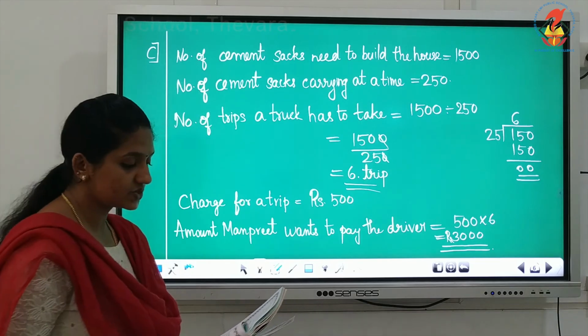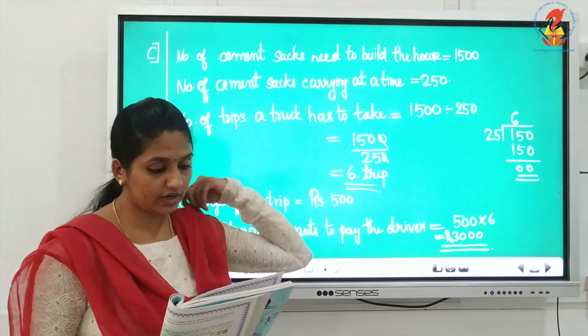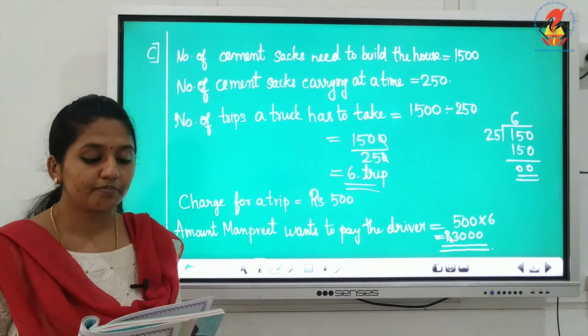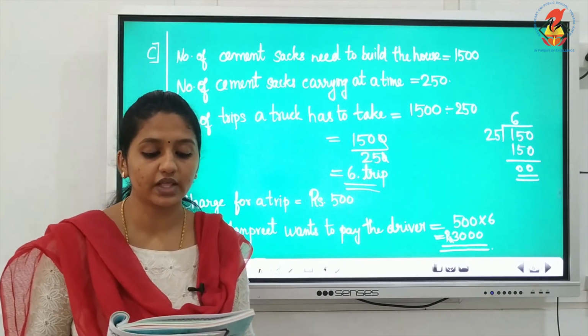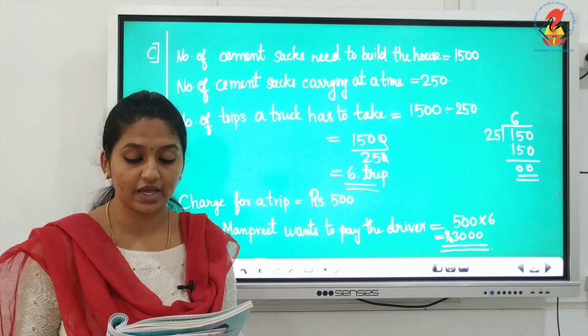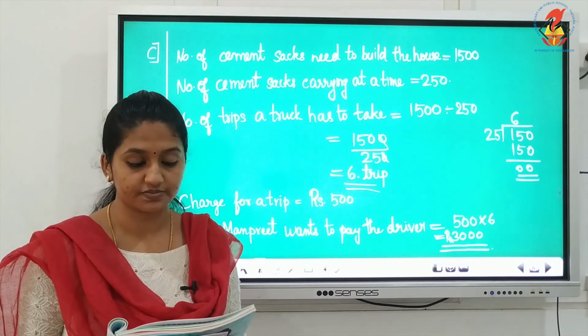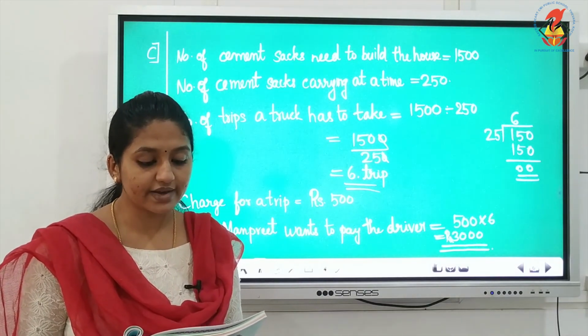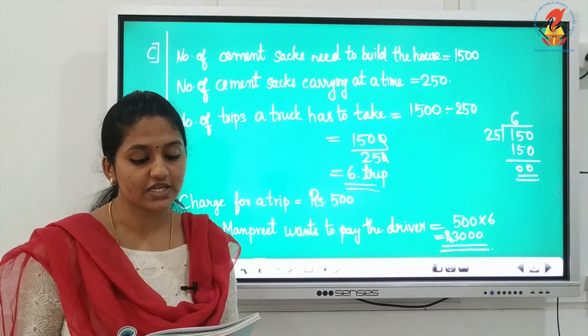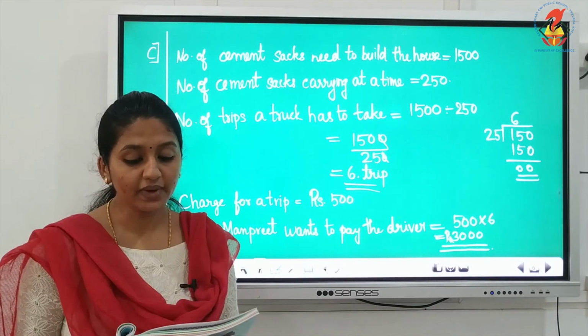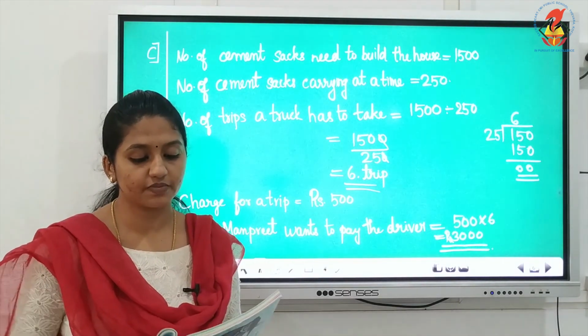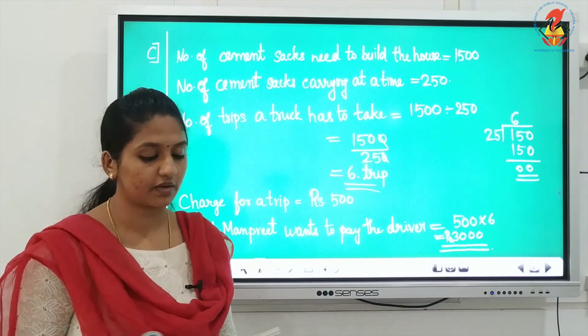So we can discuss one more time. I read the question once again. Manpreet wants 1500 sacks of cement for making a house. A truck carries 250 sacks at a time. How many trips will the truck make?